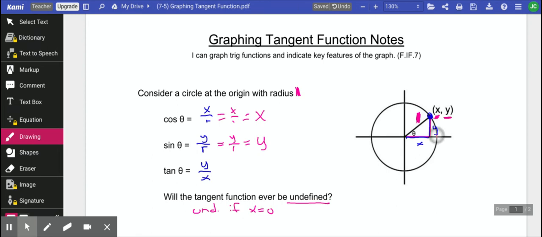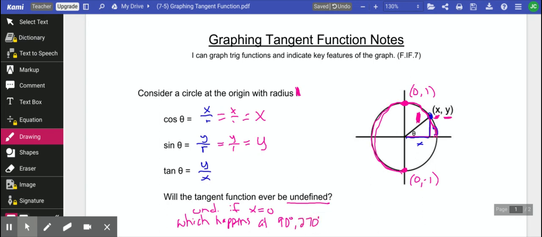On our circle, x is 0 here, at 0, 1, and also down here at the point 0, -1. So we're undefined if x equals 0, which happens at, let's see, up here, that was 90 degrees and 270 degrees.